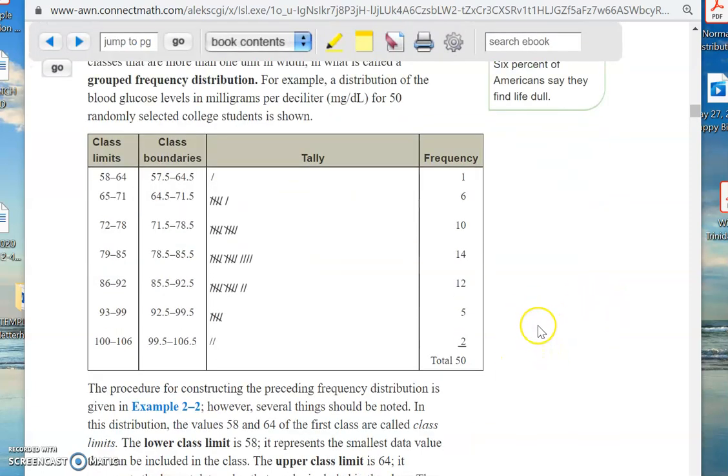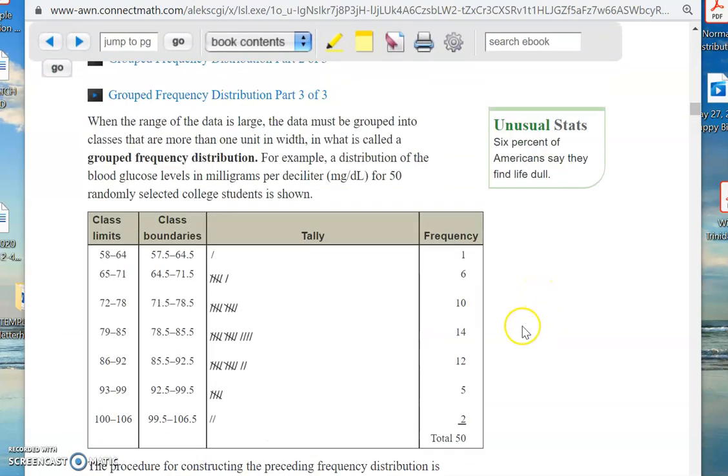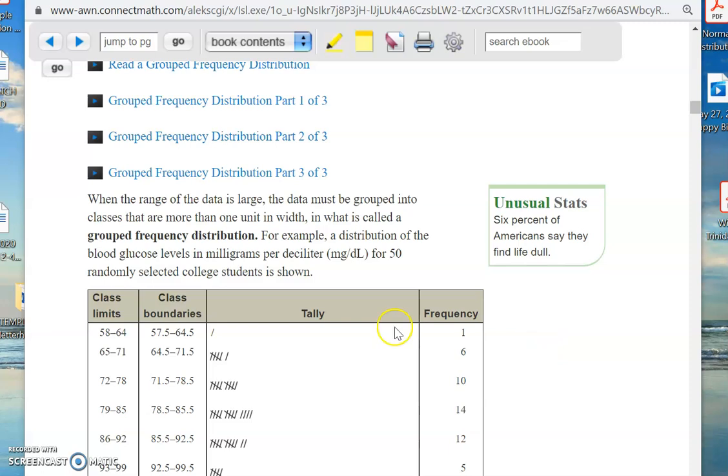Now we're talking about the other kinds of data, numerical type data. We can have a very large range of data, and what we typically do is group it into classes that are more than 1 unit in width, and we call that a grouped frequency distribution. It's just a convenient way.